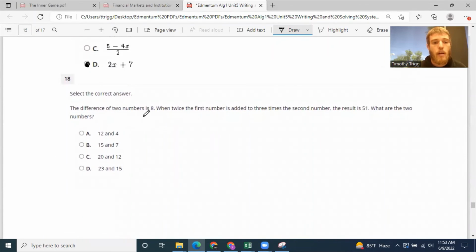The difference of two numbers is 8. So I'm going to have two numbers, x and y, and it says their difference is 8. So when I subtract them, the result is 8. When twice the first number, so 2 times x, is added to 3 times the second number, 3y, the result is 51.